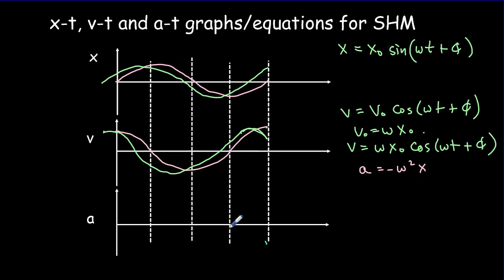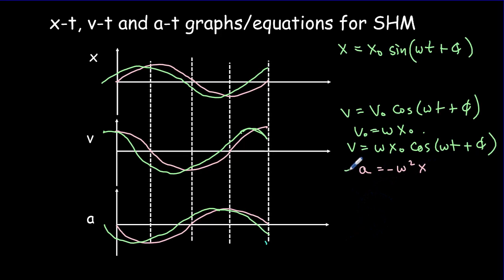So that pink curve, if we make the a in the opposite direction, it's just got to be an inverted version of the xt curve. It's got to look like that. And then if we shift it to the left slightly because of phi, then we're going to get something that looks like that.